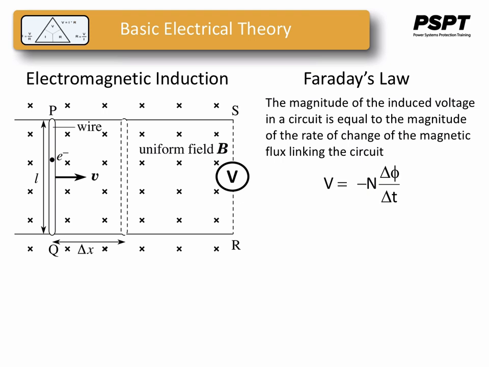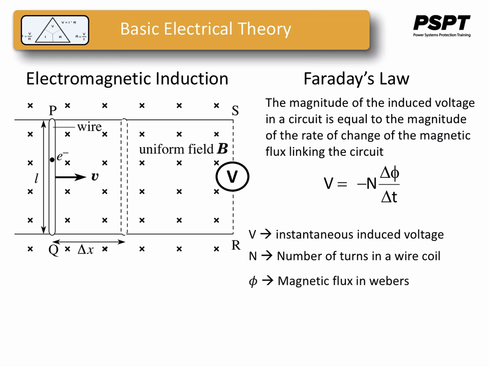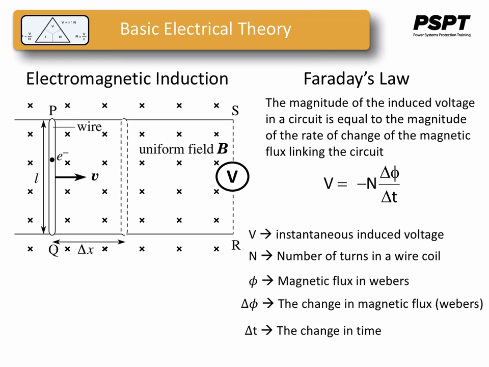Delta phi is the change of magnetic flux, and delta t is the change in time that the flux changes. The other thing to note here is the minus sign, which is significant.